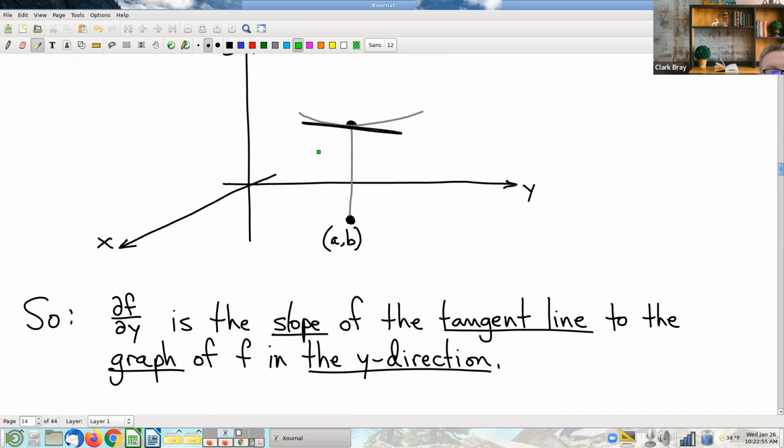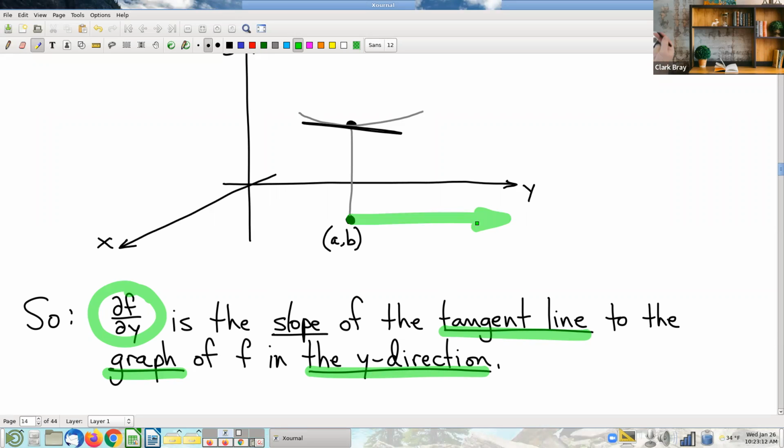You want to know what is a partial derivative with respect to y. In the graph context, you're going to look at the tangent line in the y direction. And keep in mind, we're going in the y direction because going in the y direction corresponds to x being a constant. Which by the way, good news, right? The y direction, because y is the variable.